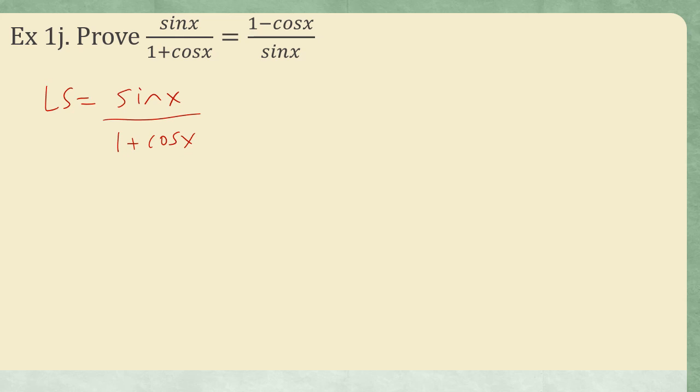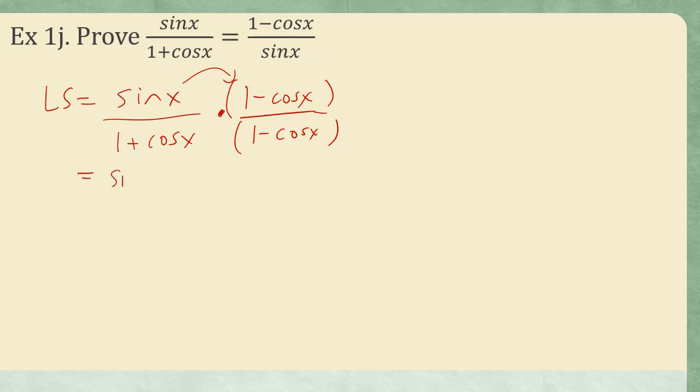All right. If I were to multiply by the conjugate, so 1 minus cos x over 1 minus cos x, let's see what happens. Again, I'm not changing the value because I'm multiplying by something over itself. Distribute.